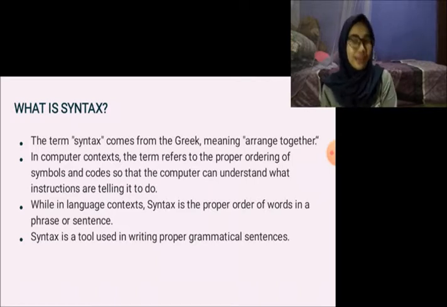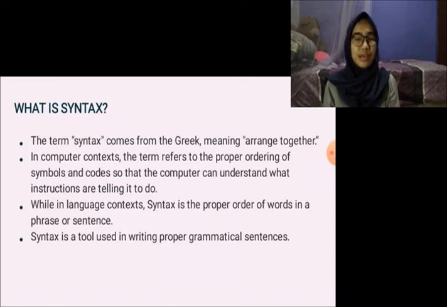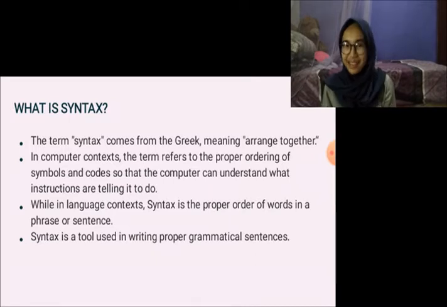While in the language context, syntax is the proper order of words in a phrase or sentence. And syntax is also a tool used in writing or speaking proper grammatical sentences.